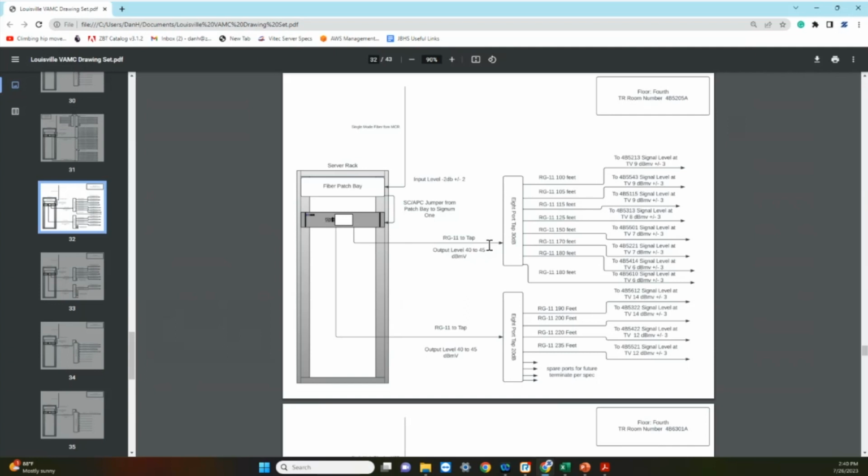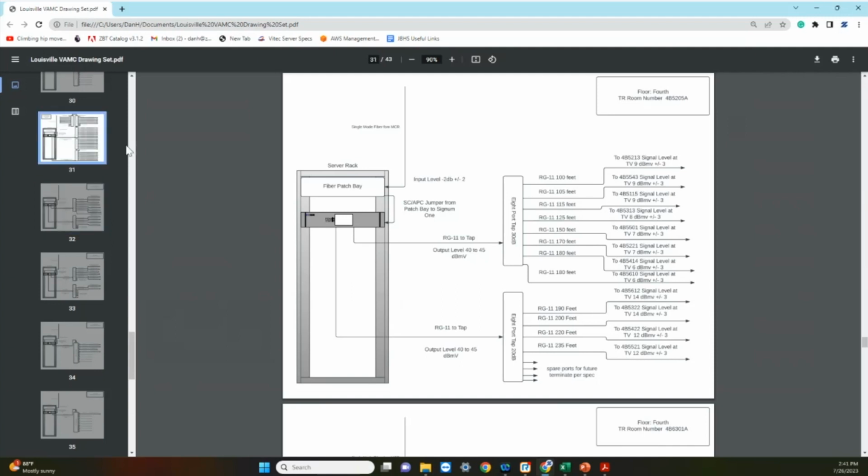And then we have a 30 dB tap here and a 20 dB tap here. And the reason is all of my runs off this tap are between 100 and 180 feet. So I'm getting less loss here where I'm going up to 235 feet.